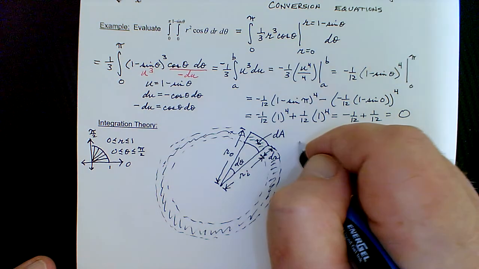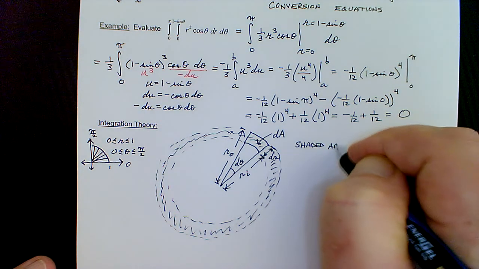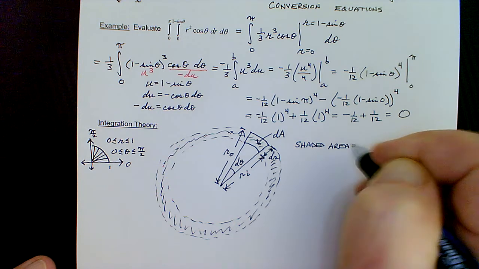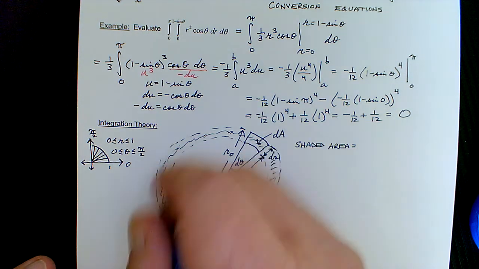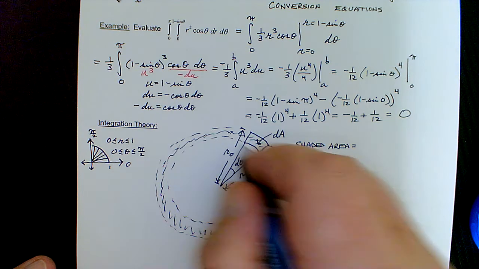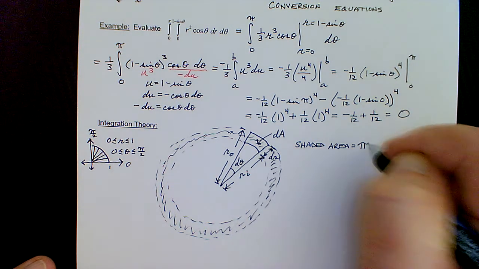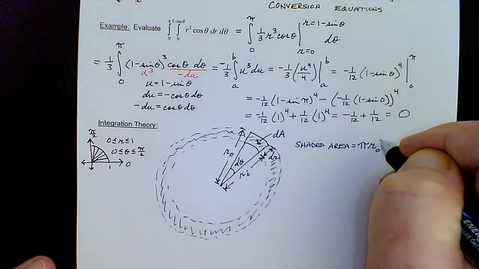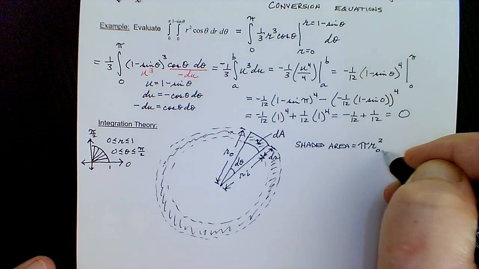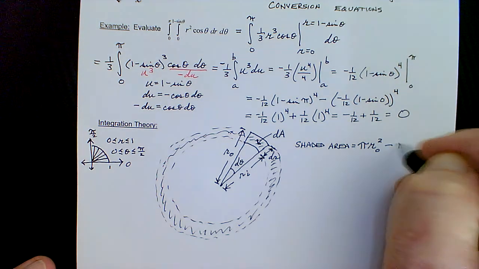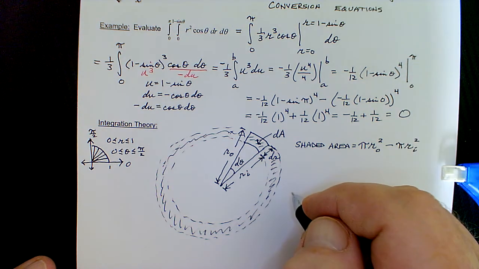So the shaded area is going to be, basically it's the area of the outside circle minus the area of the inside circle. And so pi r squared is the area. So pi r sub 0 of the outer squared minus pi times the inner radius squared.